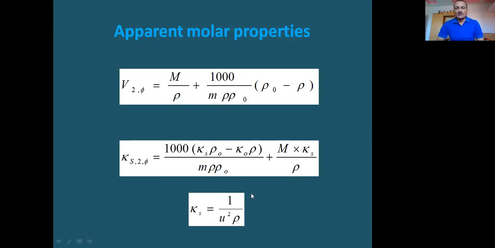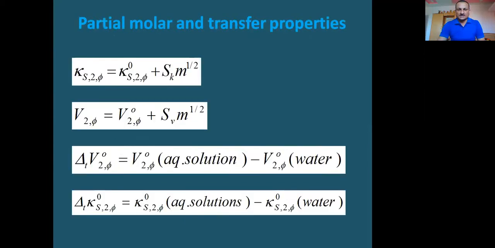Here again, rho 0 and rho are the densities of solvent and solution respectively, capital M is the molecular weight and small m is the molality, the concentration of the solute, whereas Ks and K0 are the isentropic compressibilities calculated from the ultrasonic velocity and density of solution. By using these two equations, we can calculate the apparent molar properties for a given solute in a solution, for different concentrations of that solute.